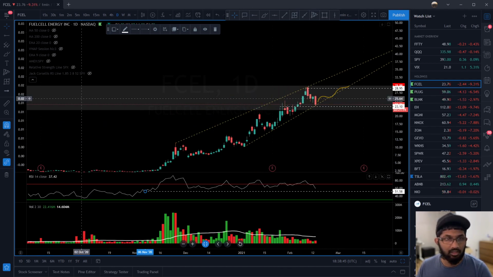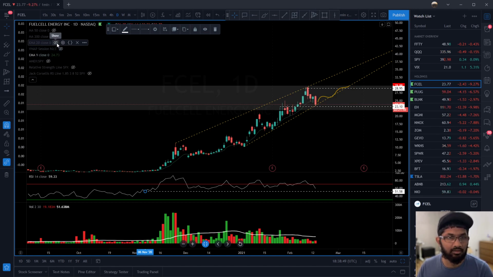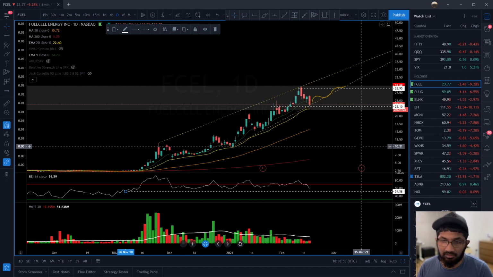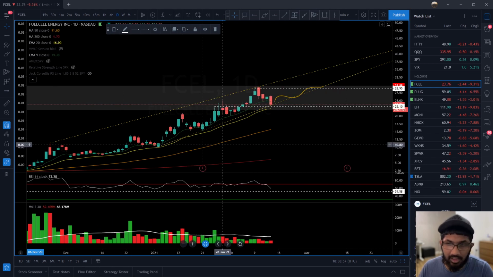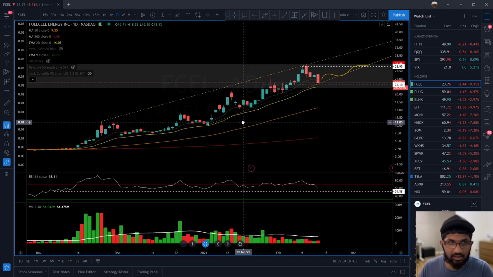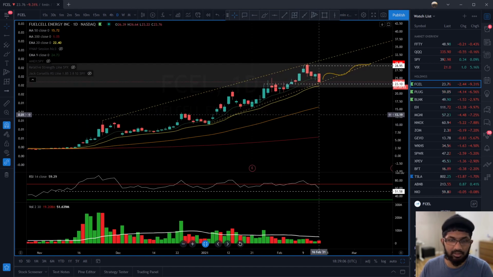And last but not least, we want to see where the moving averages are in conjunction with this. So the moving averages are doing well. The 20 moving average, is that the EMA? Yeah, that's the 20 EMA.